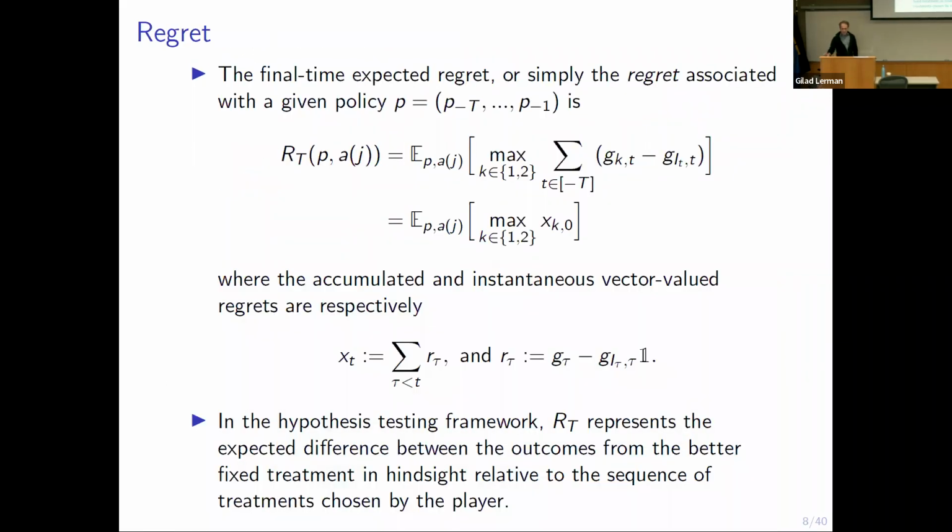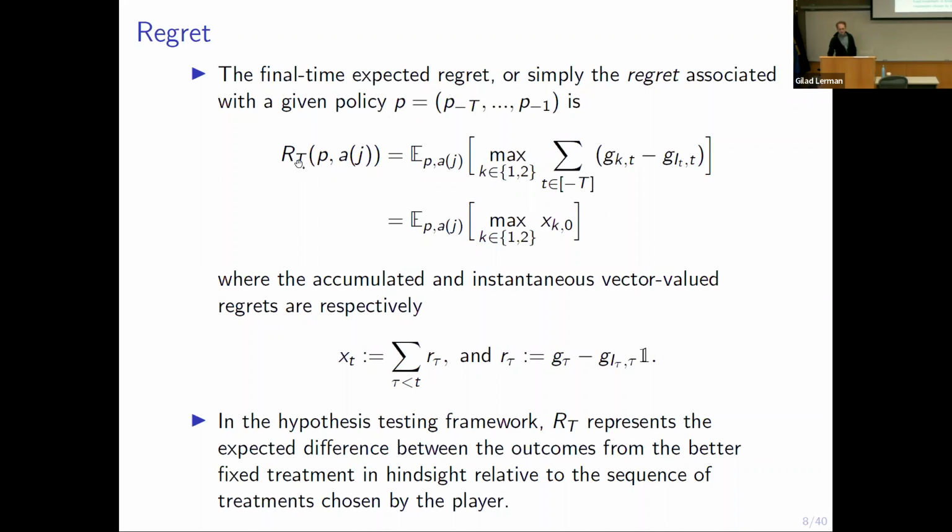So how do you measure the player's objective? To do that, we look at the final time expected regret, which we'll simply call the regret. It's associated with a given policy, which is a recipe, a probability distribution at each time period that the player determines based on all the information that's been revealed to her.